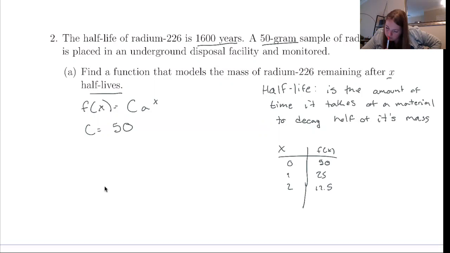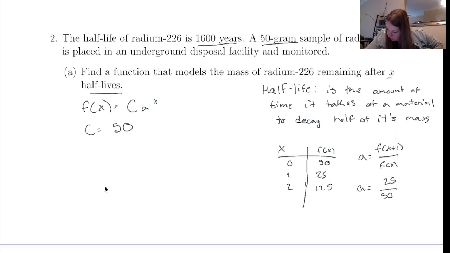So we can find the equation. A and R have not changed at all, just now that we're talking about decay. So remember, A is going to be f of x plus 1 over f of x. So A is going to be 25 over 50.